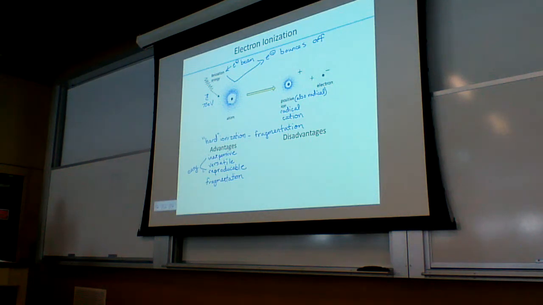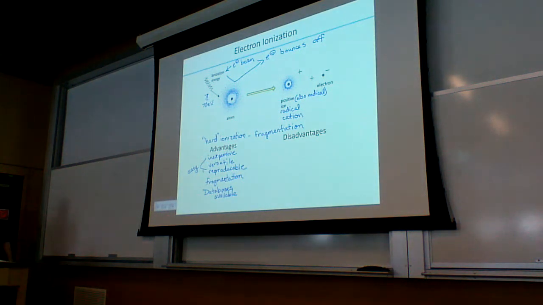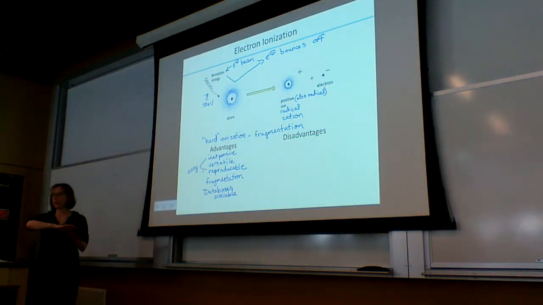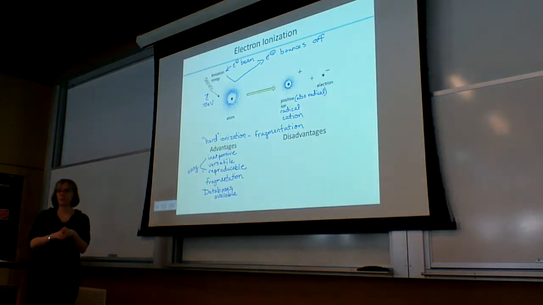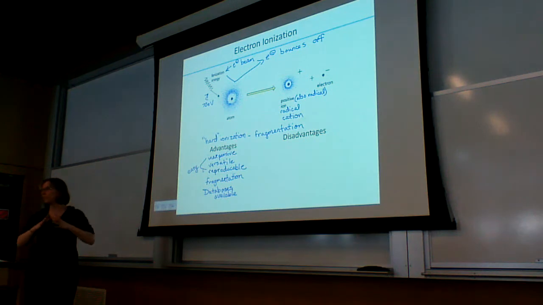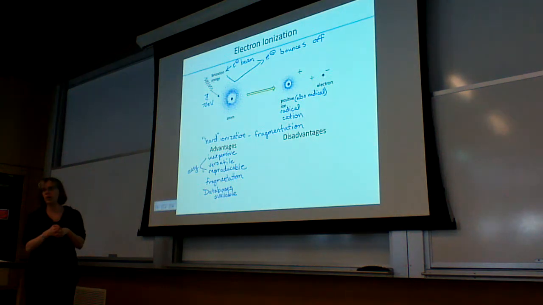And there are databases available where, if you run the mass spectrum of a sample, you can compare it to a library or a database of other mass spectra, and it will do relative comparisons and try and tell you whether you have the same type of molecule or not.